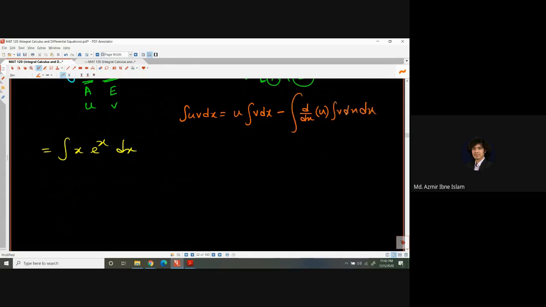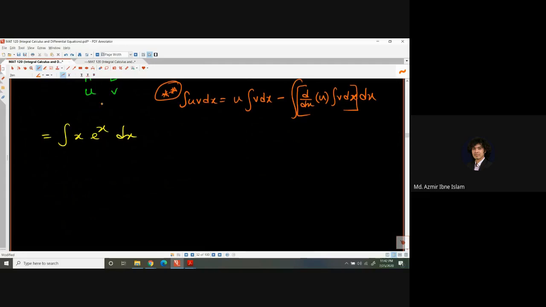Okay, so we will go this way, and we can easily solve this complicated integral by using this concept. So we have u equal to x and v equal to e to the power x. Let's write this down: u equal to x and v equal to e to the power x. This will help us.